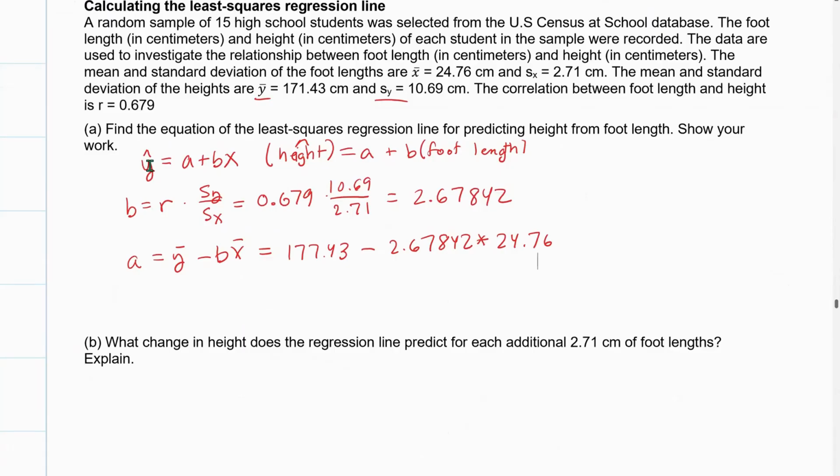So A is 105.112, meaning that our predicted height can be found by taking 105.112 and adding to it 2.67842 times the foot length.